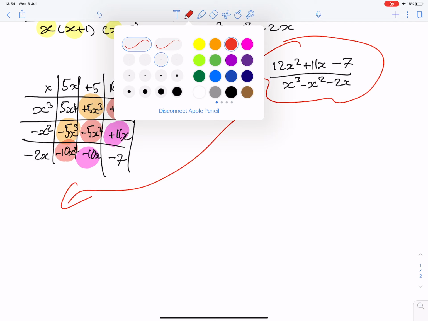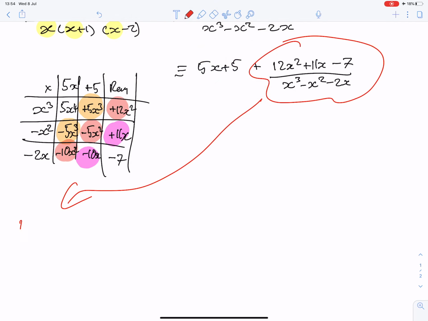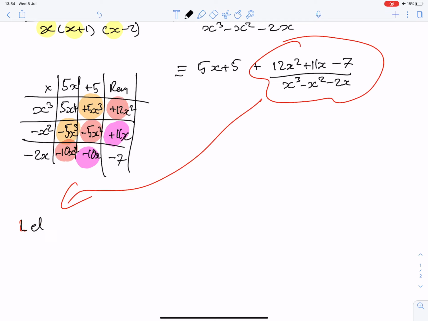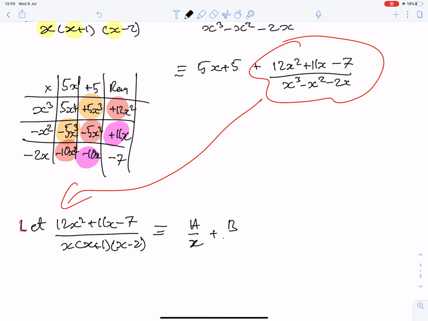So we've got, let 12x squared plus 11x minus 7 over x times x plus 1 times x minus 2 be identical to a over x plus b over x plus 1 plus c over x minus 2.